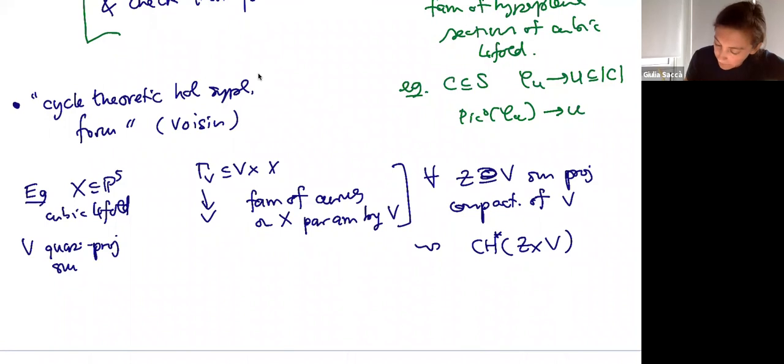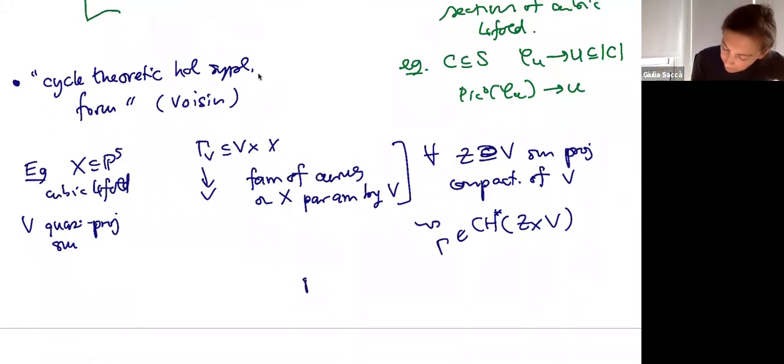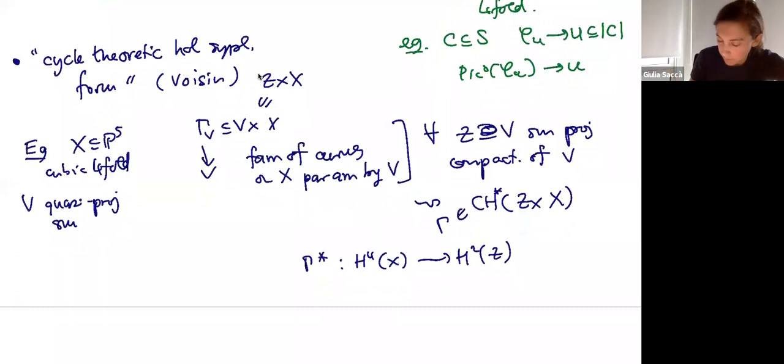And so maybe let me write it gamma, the correspondence of the cycle. Sorry, this is Z cross X. I'm closing the cycle there, inside Z cross X. And so this gives a map from H4 of X to H2 of Z, which is a morphism of Hodge structures. And in particular, H^{3,1} of X goes to H^{2,0}. This shifts the degree by (1,1).